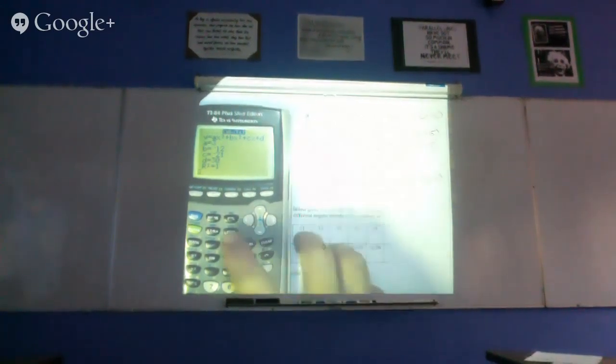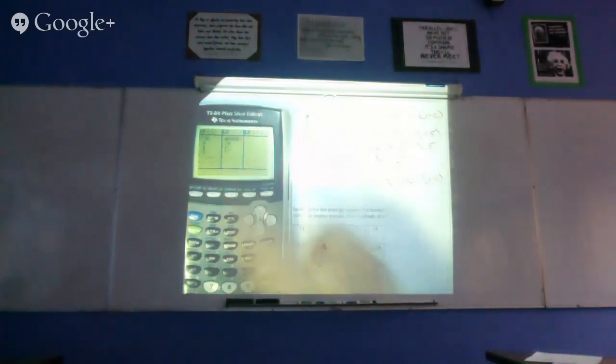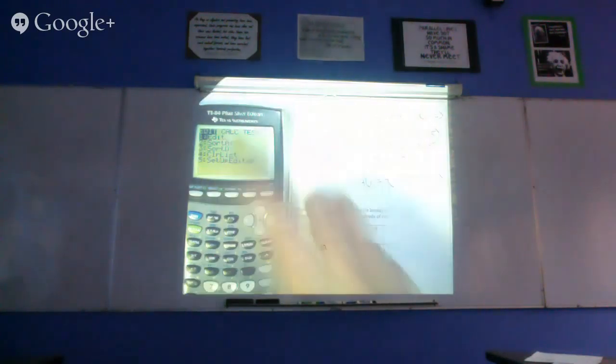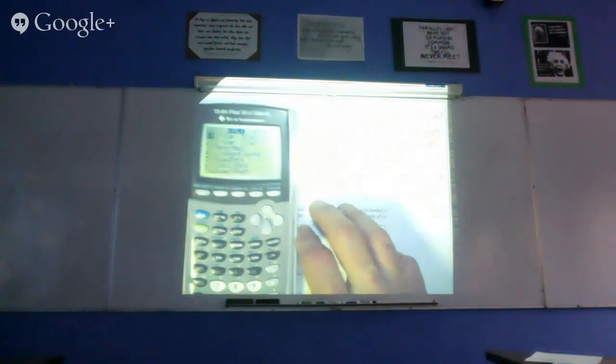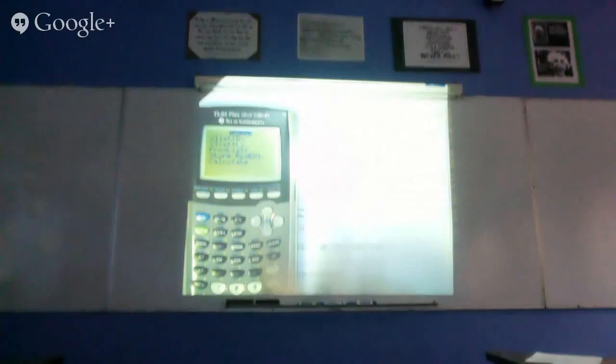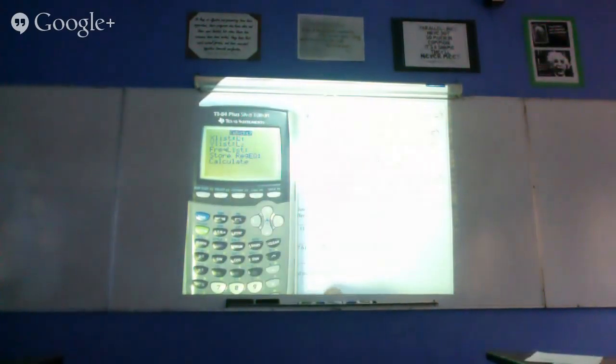So if we go stat, edit, got those in. We go to stat, over to calc. In my calc, we come down to cubic, that's 6. X's are L1s, Y's are L2s. Frequency list, we don't have one. Store my equation, it's in Y1 already.